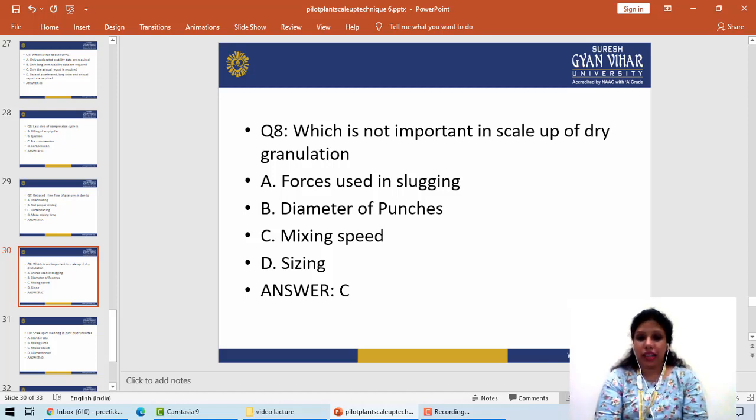Force used in slugging, diameter of punches, mixing speed, and sizing. So C is the correct answer, that is mixing speed.